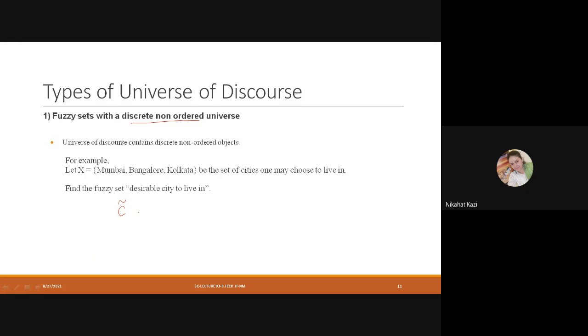In curly brackets, write the element and the value, the membership value. The first element is Mumbai, and you have to decide the value. Put a comma. Next element, Bangalore, put the value. Then Kolkata, and put the value.